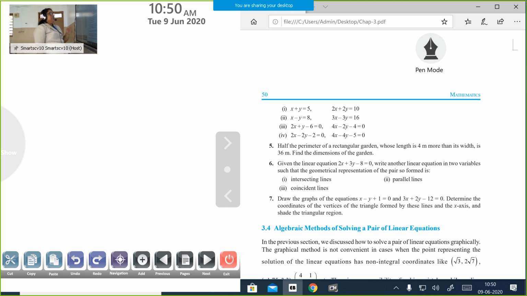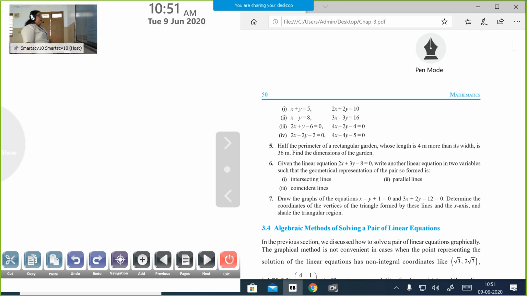Given a linear equation, 2x plus 3y minus 8 is equal to 0, write another linear equation in two variables such that the geometrical representation of the pair so formed is, first one, intersecting lines, second one parallel lines, third one coincident lines.